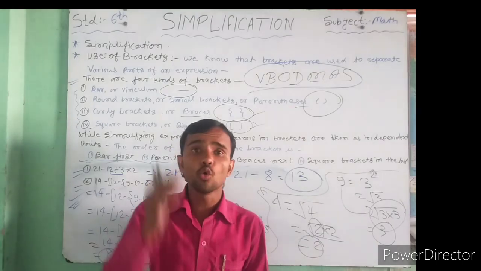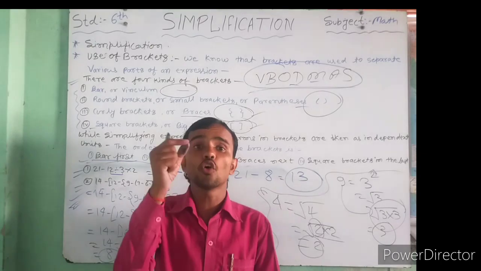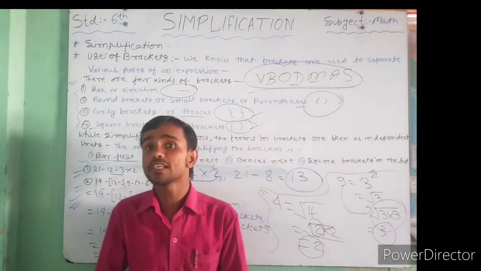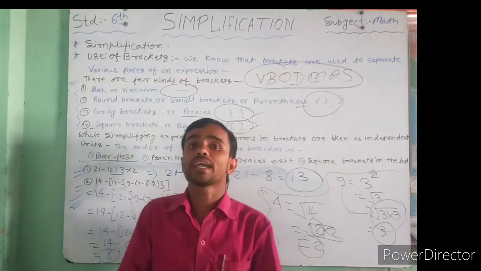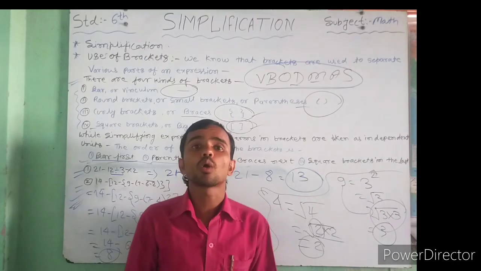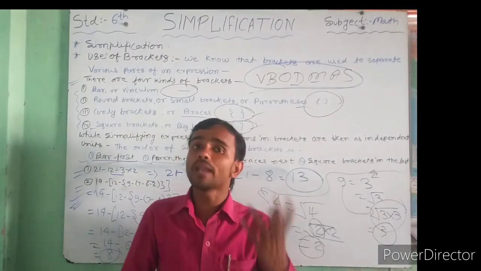My dear student, in the whole chapter, only 2 points to remember. Only 2 points to remember to complete your simplification. The first topic is the V-Boltzmann rule, and next is the use of brackets. If you understand these two topics, then you have no problem in any type of simplification. And last one is brackets.